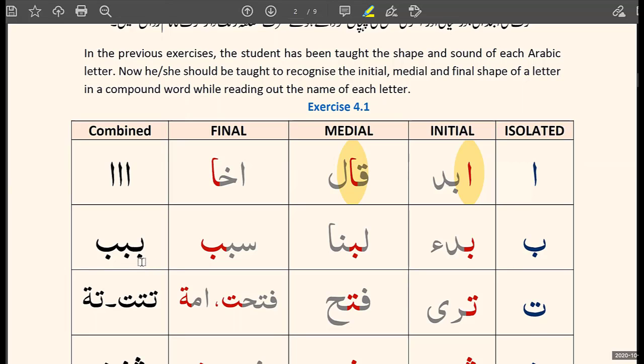Same Ba, Ba, Ba, but you just recognize and reflect over the form and shape. In the beginning, it starts with a little on top, and then it is cursive, and then the final is full Ba, similar to box 1 in the second column, second row. So Ba, Ba, Ba. Okay, that's fine.